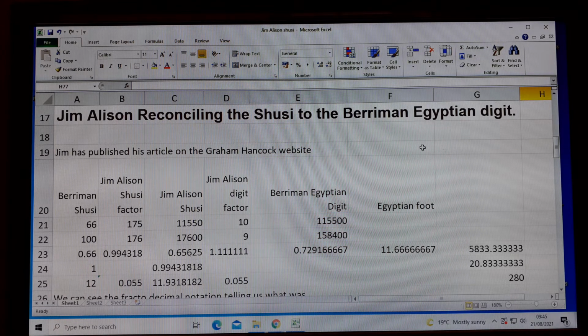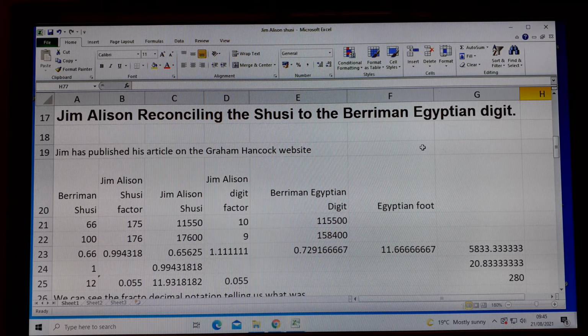So we're using two units here: 17600, which applies to Giza, and 1584, which applies to the circumference of the Great Circle, which scales down to the circumference of the Earth. And to get the height of the Giza Pyramid, we're also using the Egyptian foot, which is 16 of these Berryman Egyptian digits.